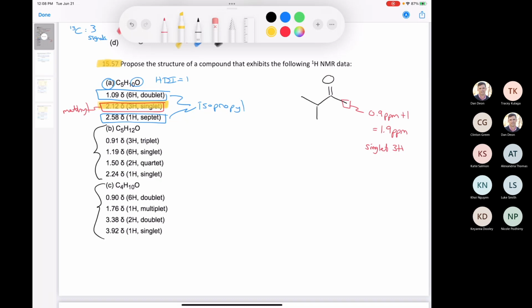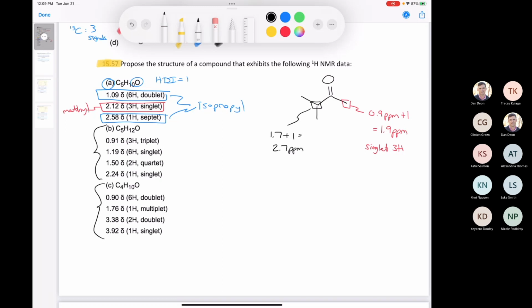So that seems reasonable. Then if we look at the methine, this one right here, we know that the baseline for a methine is 1.7, and that is alpha to the carbonyl. So we add 1 to that, and we end up with 2.7 parts per million.